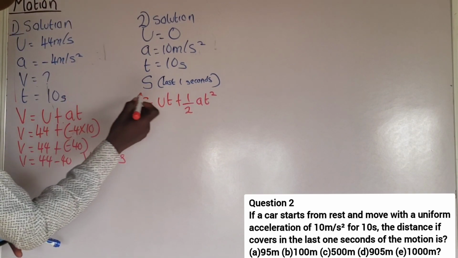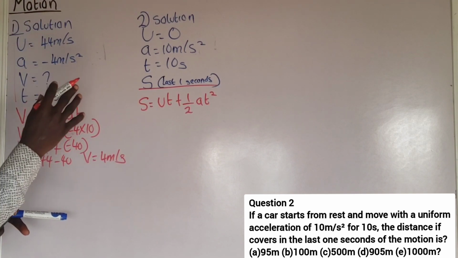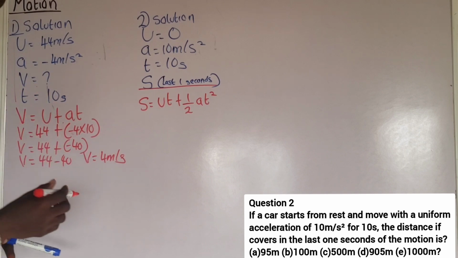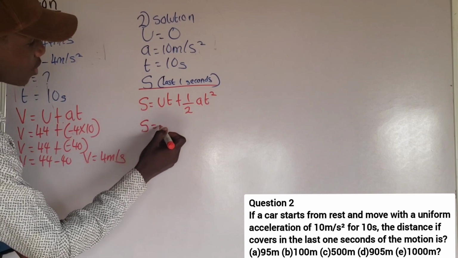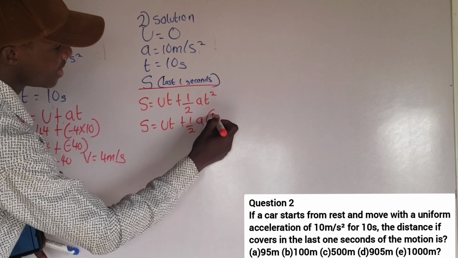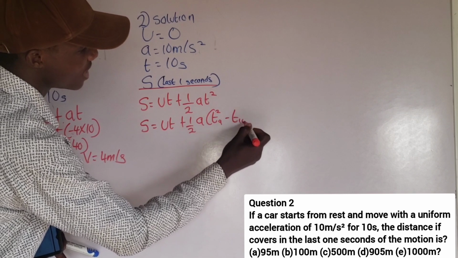Because we are told to calculate the distance that the car covered in the last 1 second, the equation will come like this: S equals ut plus 1 over 2 a multiplied by t9 squared minus t10 squared.